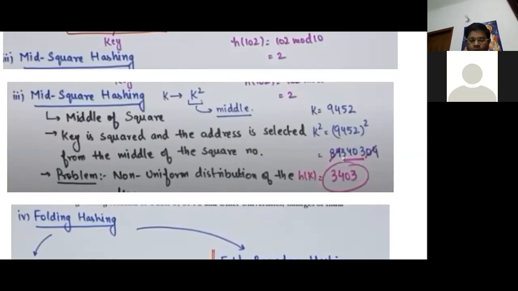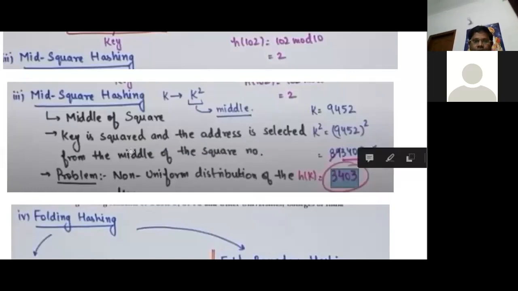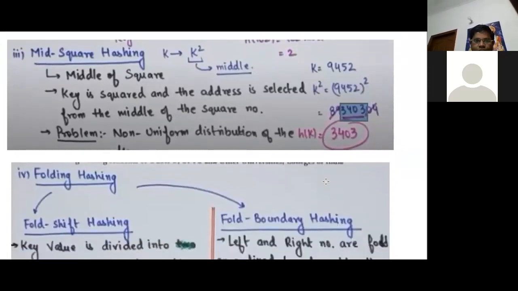The middle 4 digits are 3403, since we are discarding the leftmost 2 digits and the rightmost 2 digits. In mid-square hashing, the key is squared and the address is selected from the middle of the square number, so the hash function will return the value 3403. So this is the third type of hashing.